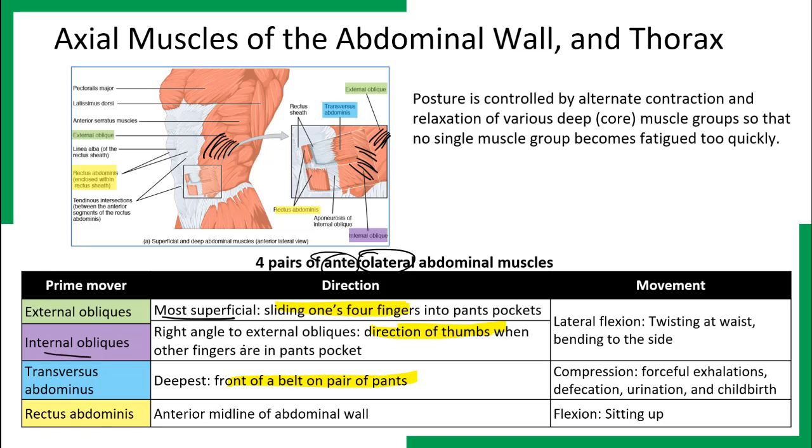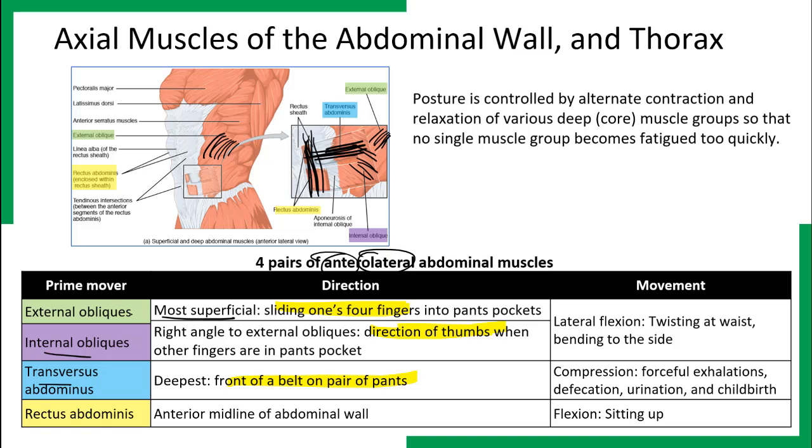The internal oblique is the direction of the thumbs when the other fingers are in the pants pocket. Transversus abdominis. Transverse means straight. So you can see the transversus abdominis runs straight from the middle to the side, and then the rectus abdominis muscles run superior anterior, right?